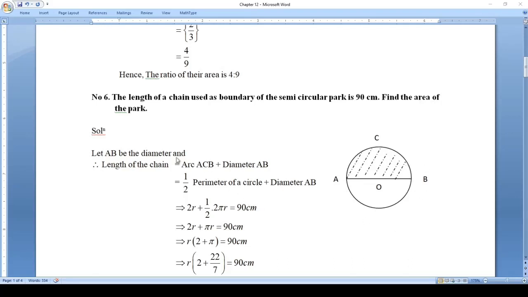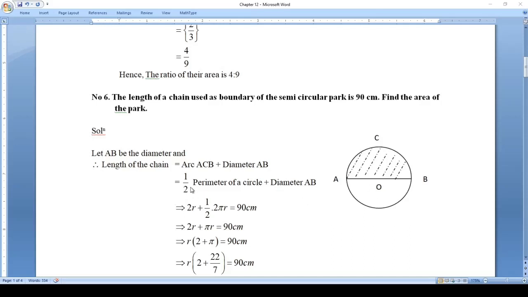Now the solution for this: let AB be the diameter, therefore the length of the chain will be arc ACB plus diameter AB. Now the arc ACB, what is it? It is half the perimeter of a circle, because the perimeter of a circle is the whole circumference, isn't it? But here it is a semicircle, therefore the length of this arc will be half the perimeter of a circle plus the diameter AB.